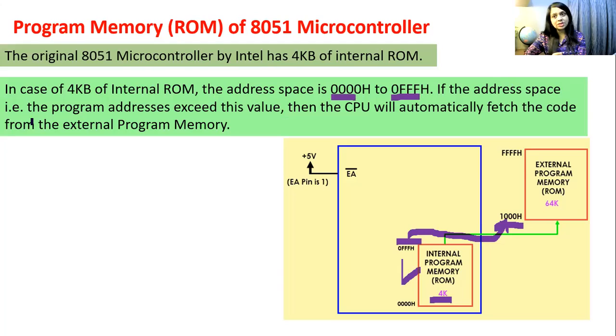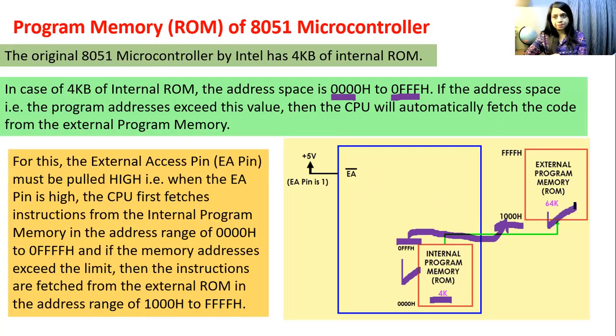If the address space of this ROM is not sufficient, then the processor or controller will automatically fetch the code from external program memory. For this, the external access pin, that is the EA pin, available in 8051 microcontroller, must be pulled high. That means you should connect plus 5 volt to the EA pin.